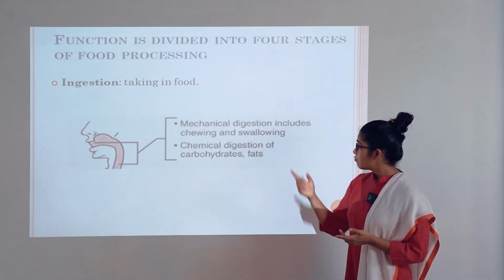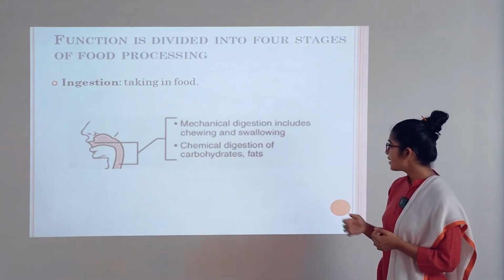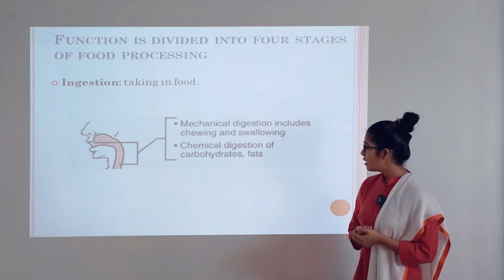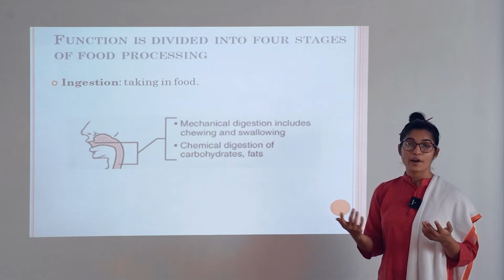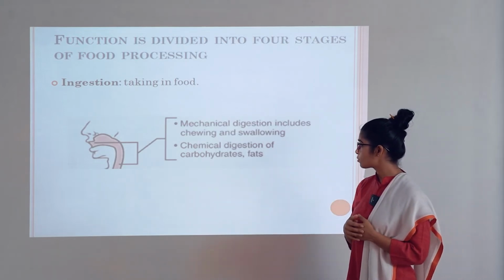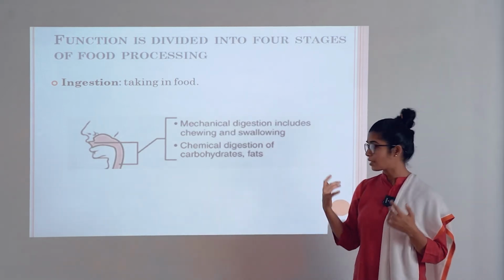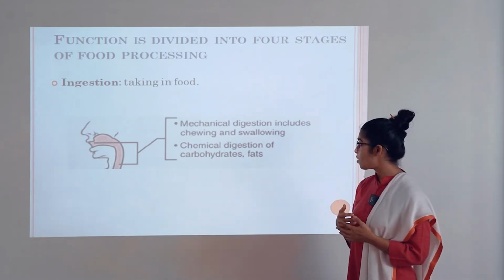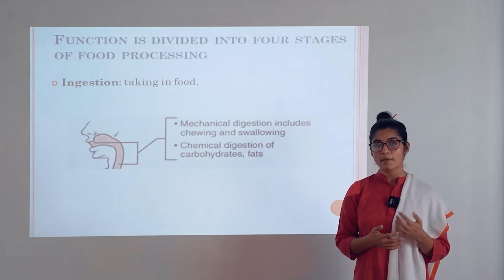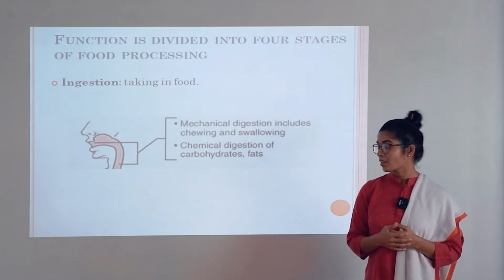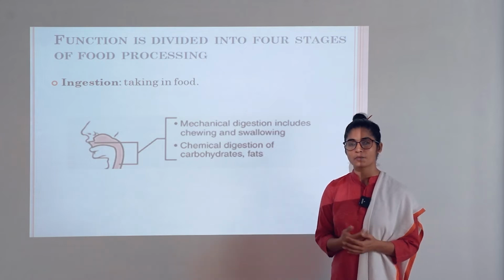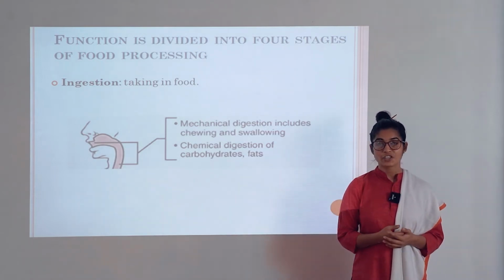Mechanical digestion includes chewing and swallowing, and there is also chemical digestion of carbohydrate and fats. Basically, the main digestion of carbohydrate begins from the mouth, with the help of amylase. So this is the very first function of the digestion process, which is called ingestion.